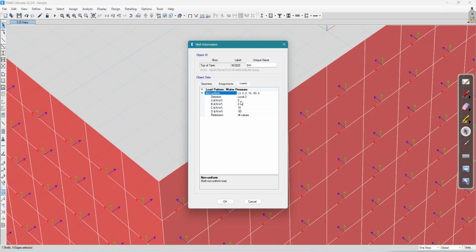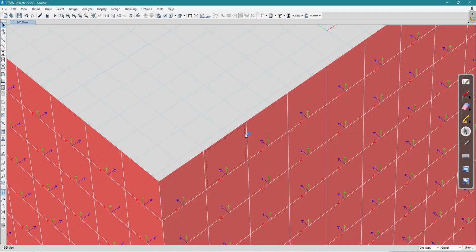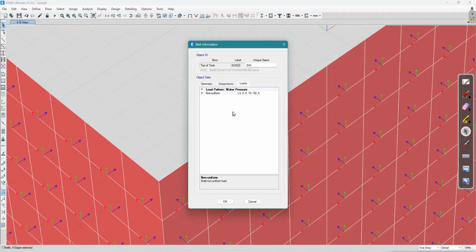So your A value is 0, B value is 0, C value is 10 and D value is minus 50. It will not show you the arrow mark physically, so it is shown in terms of these constants.